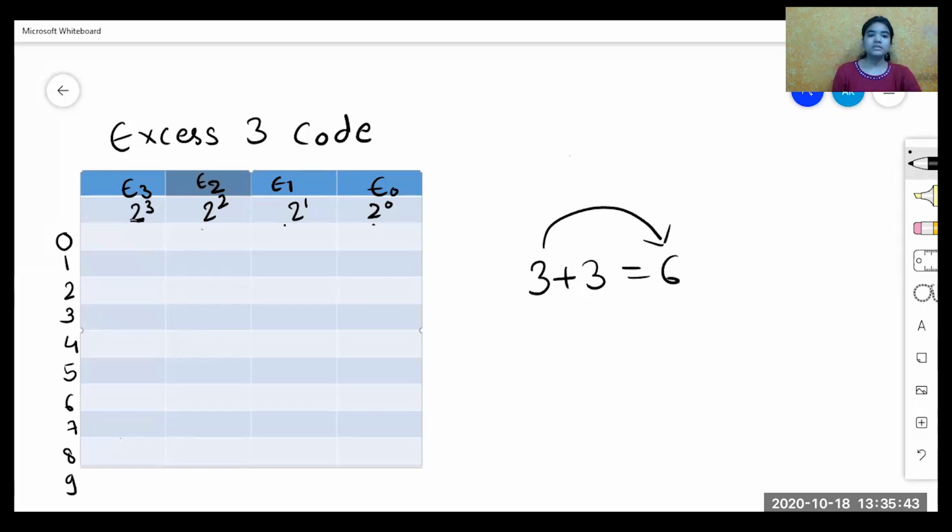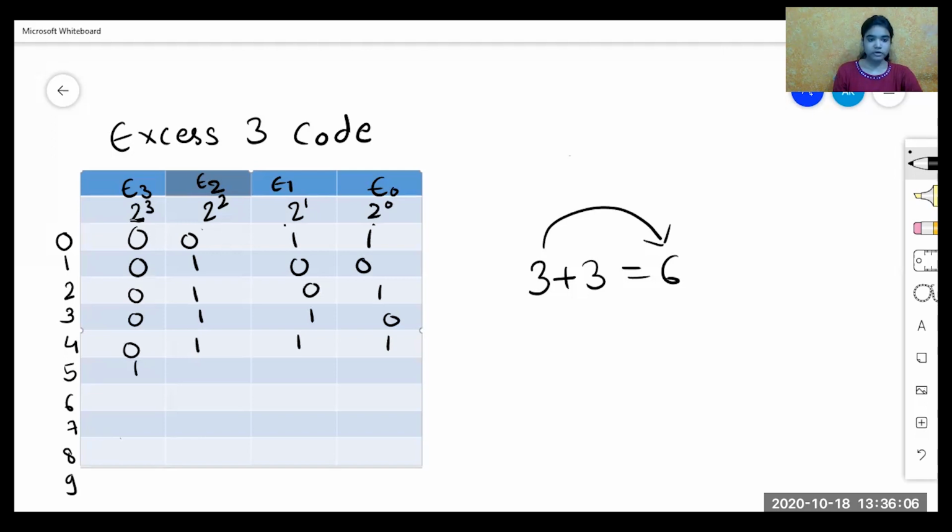For 0, 0 plus 3 gives me 3, so it would be 0011. This is the binary equivalent of 3. Then 0100 for 1. For 2, it would be 0101. For 3, it would be 0110. For 4, 0111.